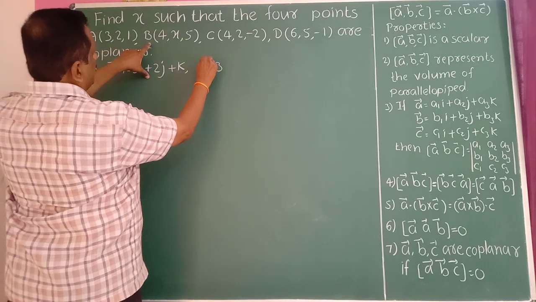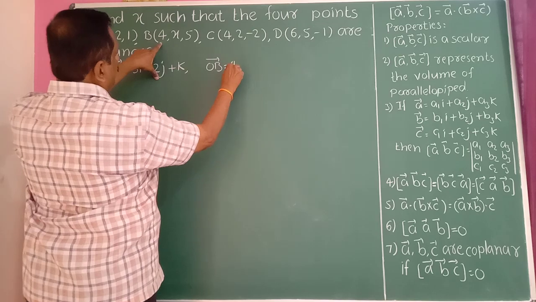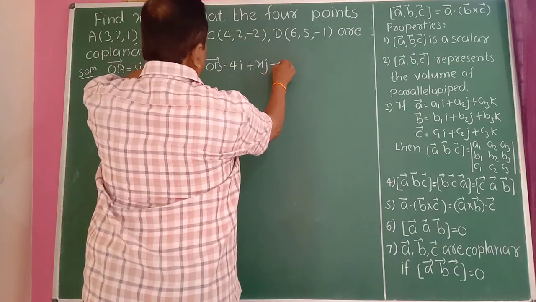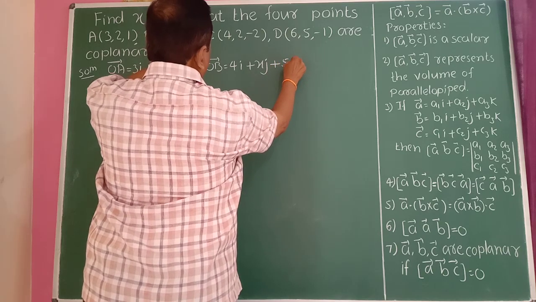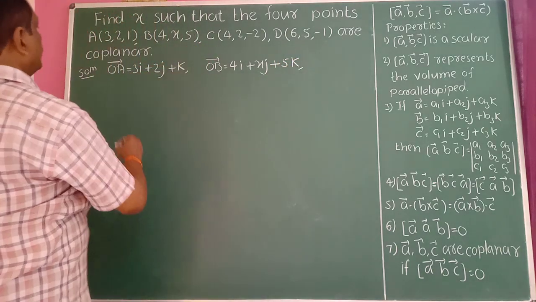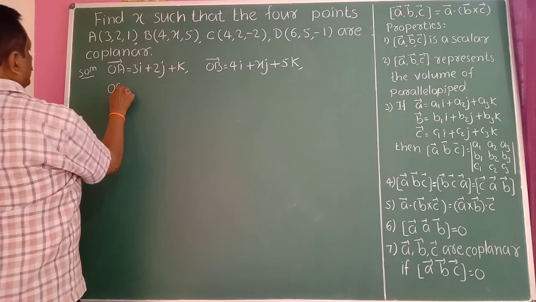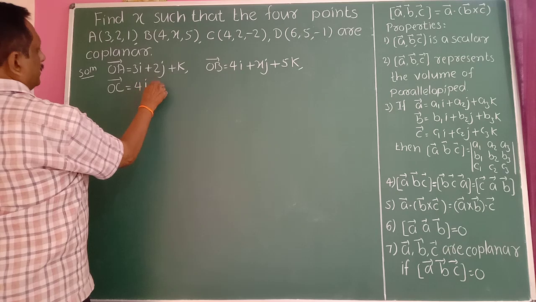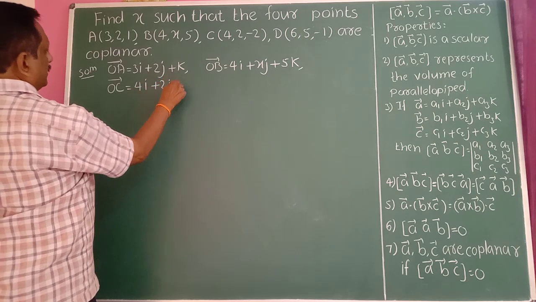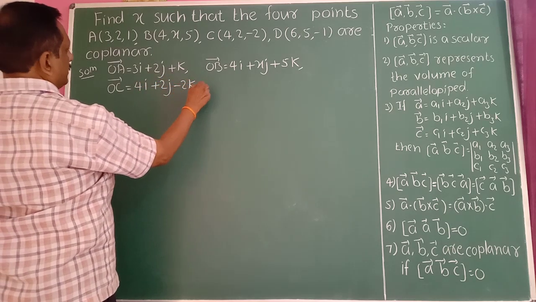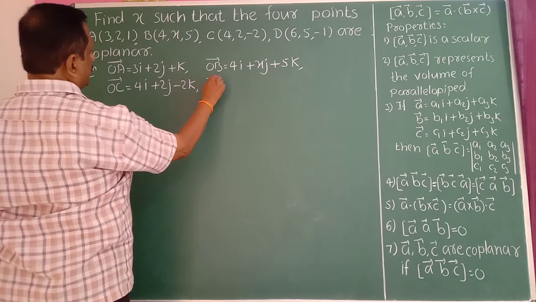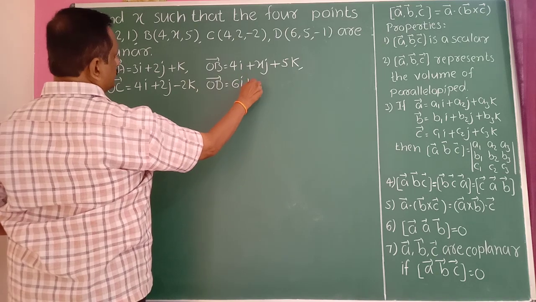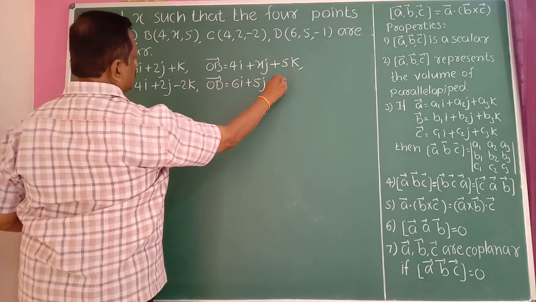And the position vector of the point B is 4i plus xj plus 5k. Position vector of the point C, OC, is 4i plus 2j minus 2k. And the position vector of the point D is 6i plus 5j minus k.